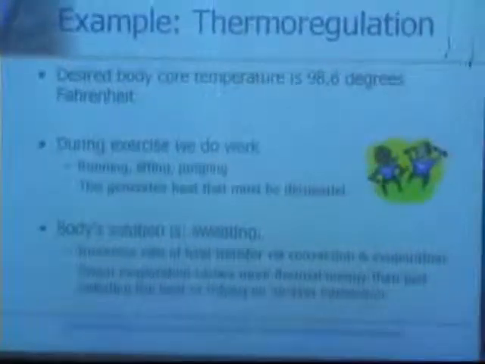When you're exercising and you get hot, well, when you exercise, your muscles are generating a fair bit of heat. I mean, you're doing energy exertion. Our body likes to stay at, I have no idea what it is in Celsius or Kelvin, but 98.6 in Fahrenheit. That's our sweet spot. That's where we operate.